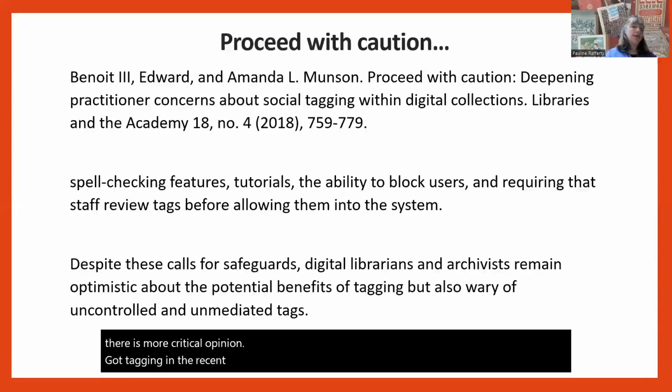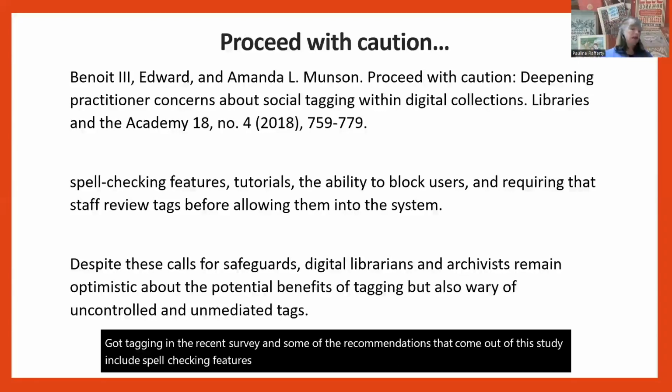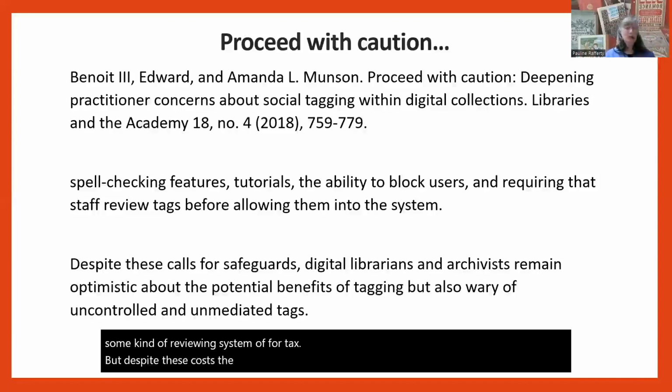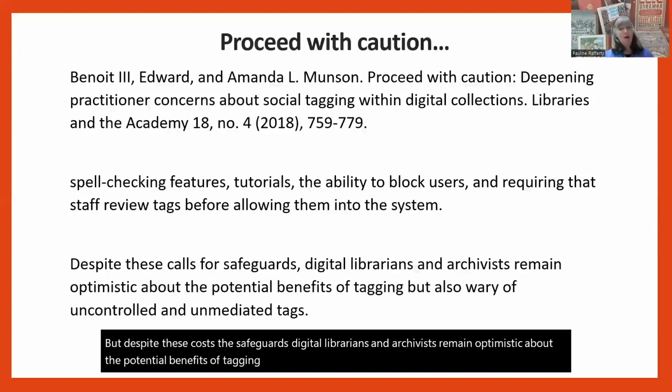And some of the recommendations that come out of this study include spell checking features with tagging systems, tutorials, the ability to block users, and some kind of reviewing system for tags. But despite these calls for safeguards, digital librarians and archivists remain optimistic about the potential benefits of tagging, even though they are also wary of uncontrolled and unmediated tags.